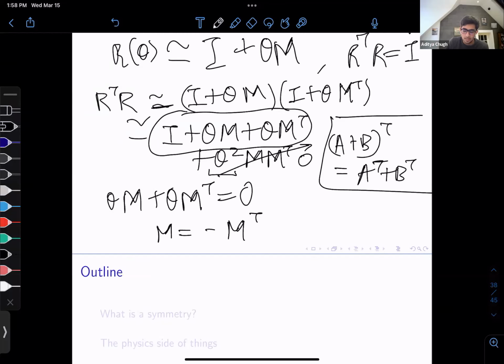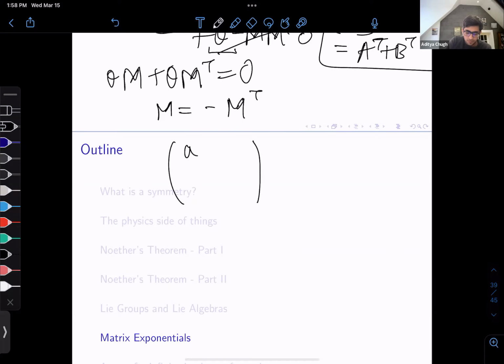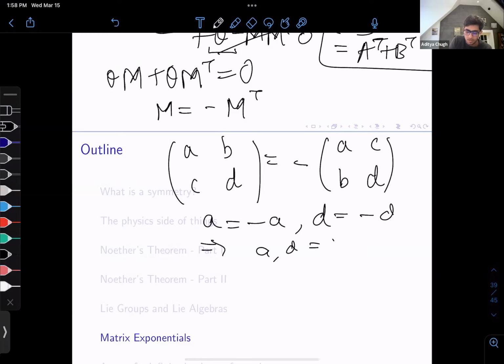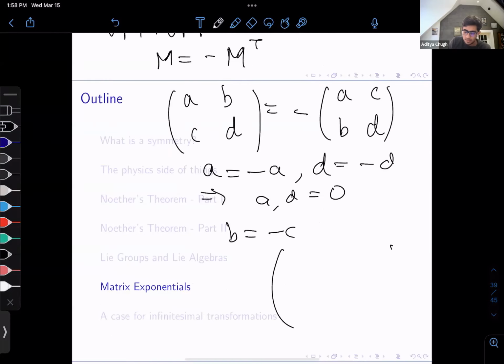And so since we're considering 2 by 2 matrices, if we have something like this, and we want it to be equal to negative of its transpose, then A equals minus A, D equals minus D, which means A and D should both be 0, and then B equals minus C, which means a skew symmetric matrix in 2 dimensions would essentially look like this.